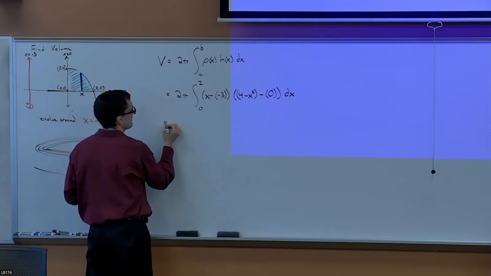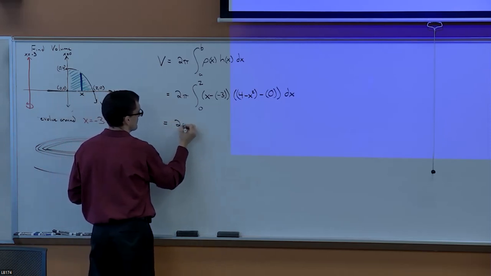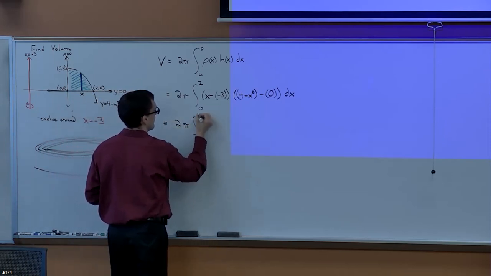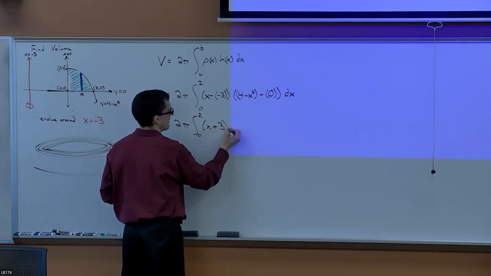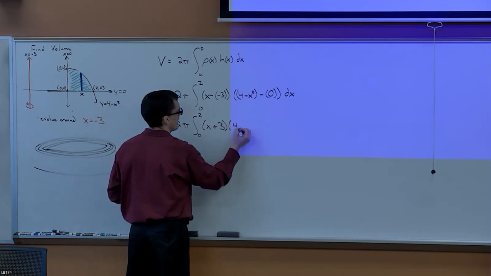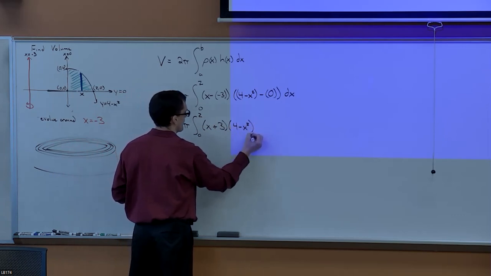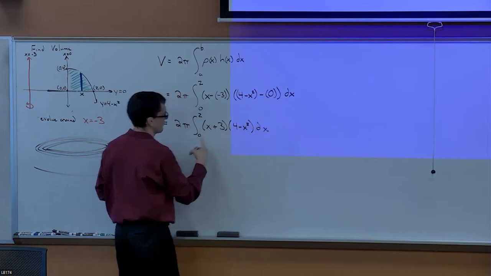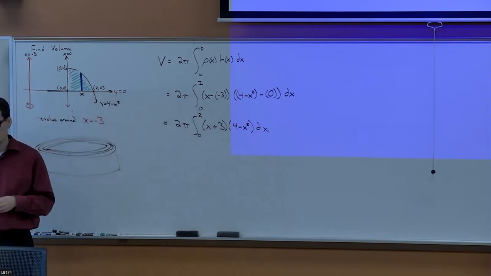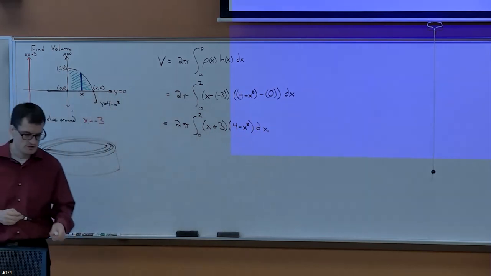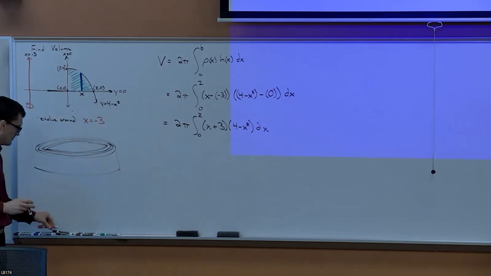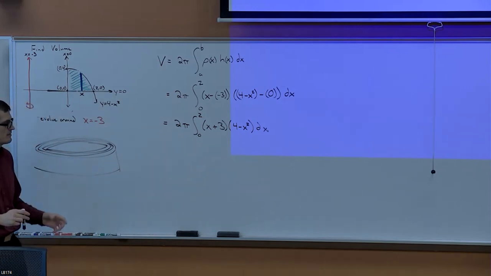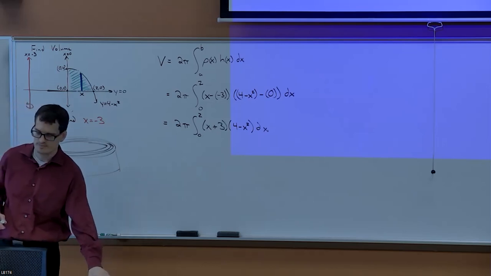If you wanted to clean this up a little bit before you throw it in your calculator, radius becomes x plus 3, height becomes 4 minus x squared. And that's usually how I throw it in the calculator. Notice this is very, very similar to what we did in the previous problem, obviously with just a different radius.